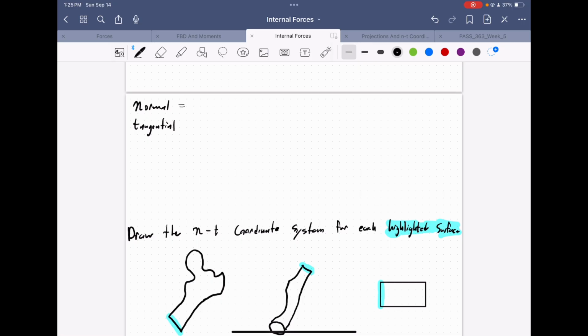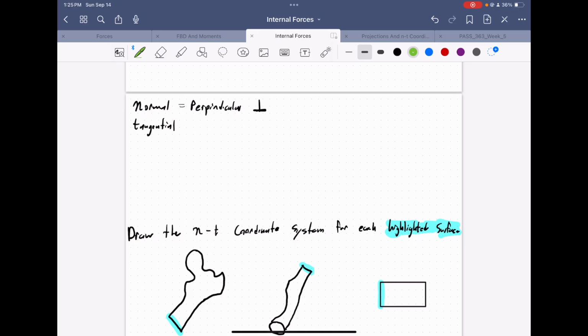Normal, if we just give a definition, is used in linear algebra a lot as perpendicular, which we know is when something is 90 degrees to another. So we had a surface here, and the normal vector would be this way, or just a line that is 90 degrees perpendicular.